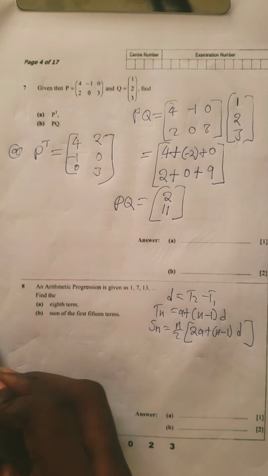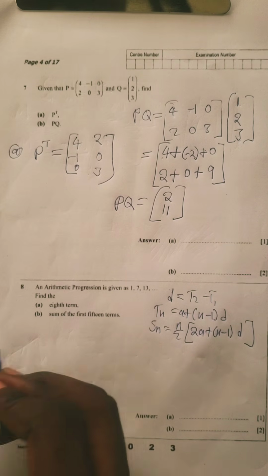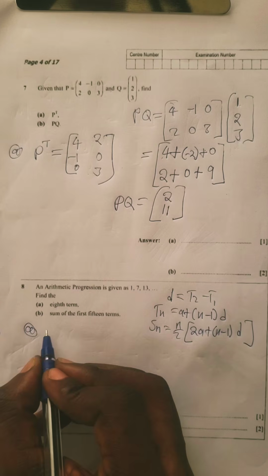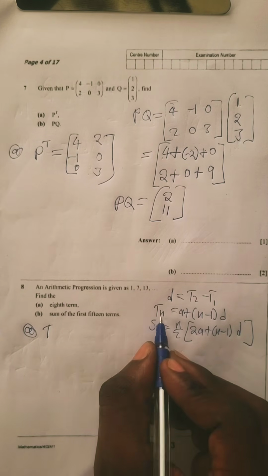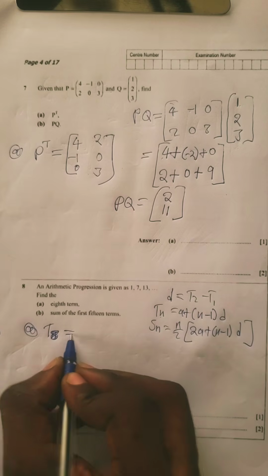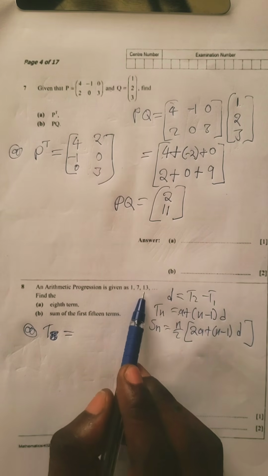Okay, let's put it here. We get the formula. Where there is n, we say T8, because our n is 8, is equal to a, the first term. So we have 1, 7, and 13.